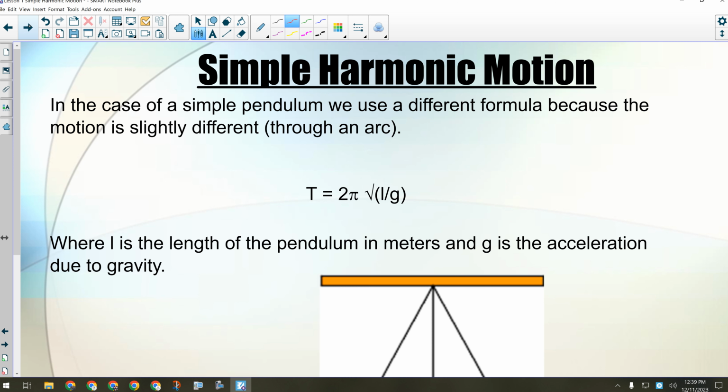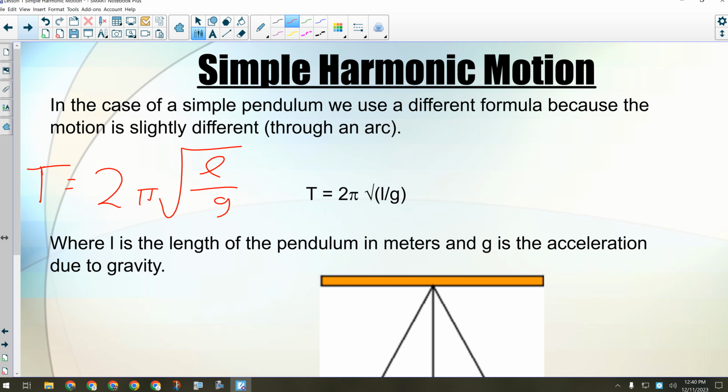All right, then for the pendulum, the period is 2 pi times the root of L over g. It looks like that on your formula sheet. Big T is 2 pi times the root of L over g. So once again, if I want to solve for anything under the radical, then I have to square everything.